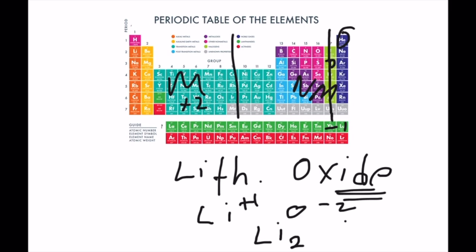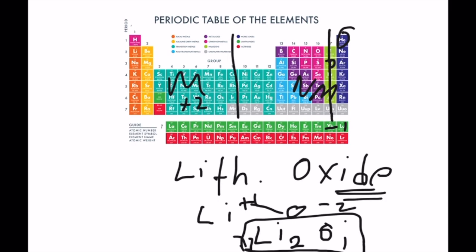We disregard the symbol, and for oxygen, we bring that lithium charge down, which is just 1, and disregard the symbol. So the formula for this one is just Li2O. That is lithium oxide. And this is how you would write a formula for ionic bonding. And the naming convention, always remember to add "ide."